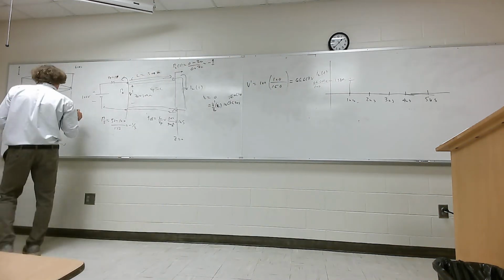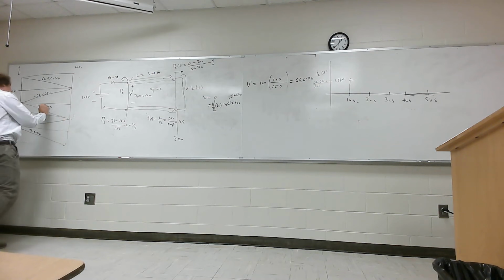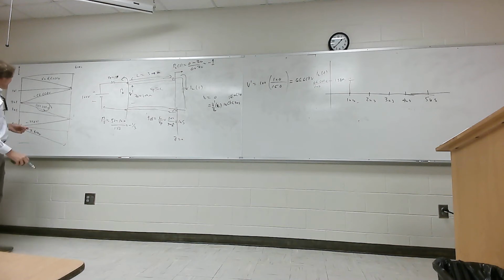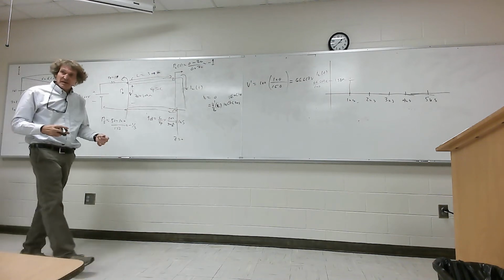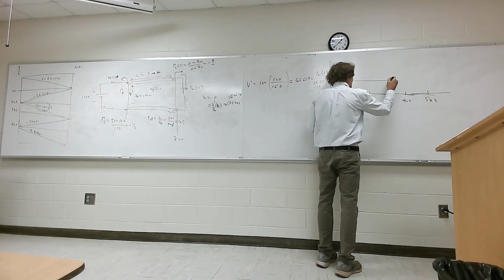Now we take a look at this. It's here, right? Now the waveform comes down here. It's here. That's 2 microseconds. At 3 microseconds, I have to take this and divide it by Z naught times 2 and add it to that. You all follow me on that? So when I do that, nothing happens until I hit 3 microseconds.